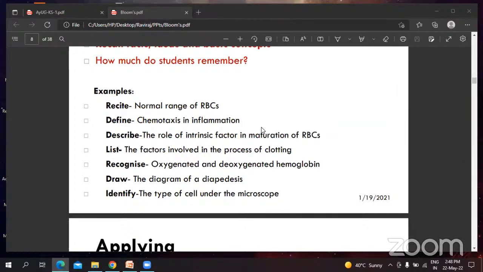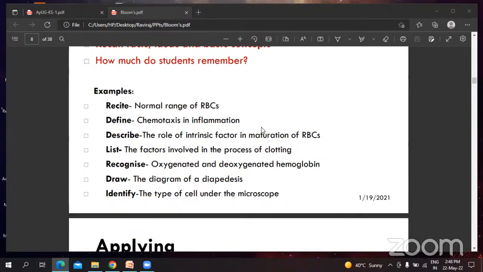Millions, 3 to 5 millions, whatever. Whatever range has been told to you, whatever range is given in the textbook or lab report, you have to remember, and you have to recite it again and again.